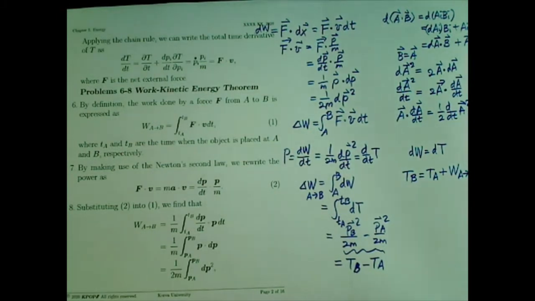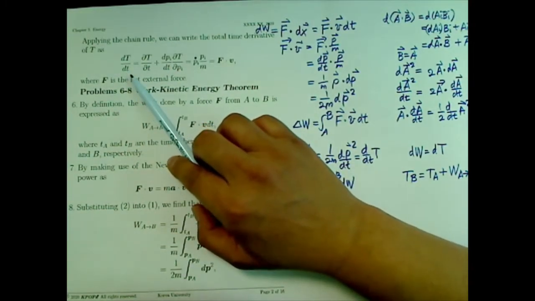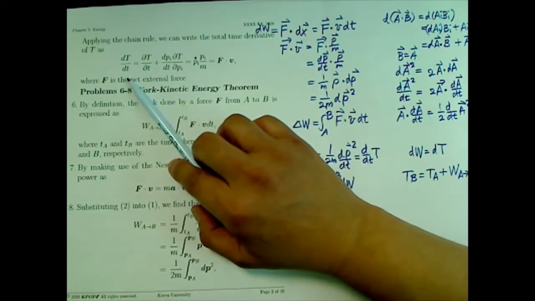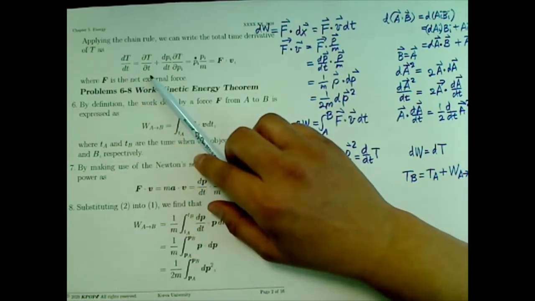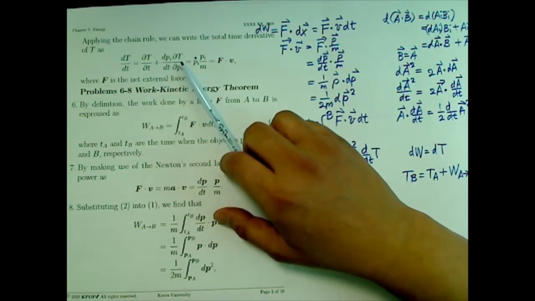So we have studied that the time derivative of the kinetic energy should be the partial time derivative of T plus the partial momentum derivative of the kinetic energy.